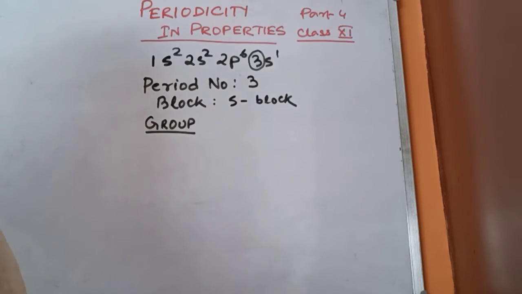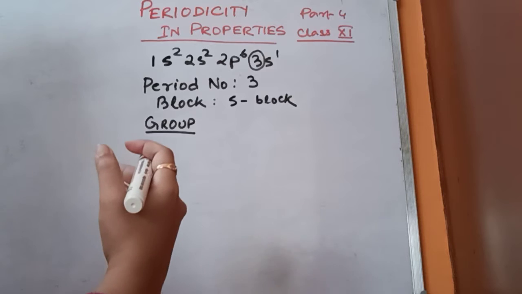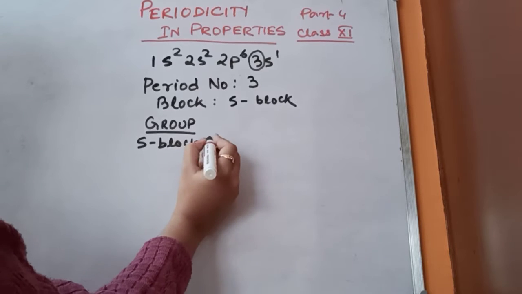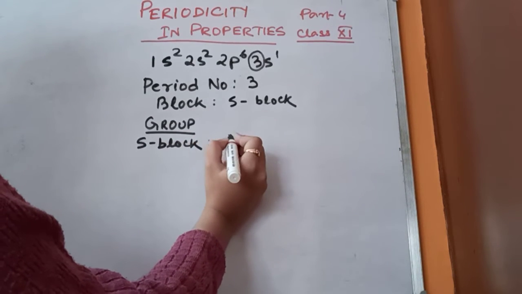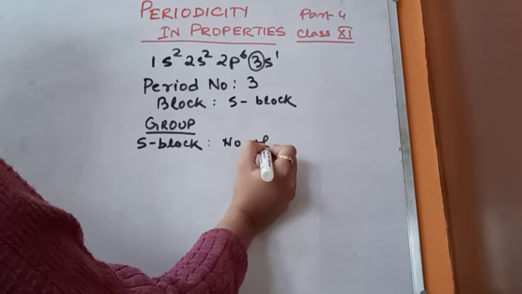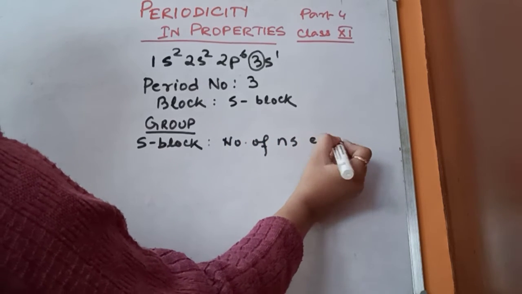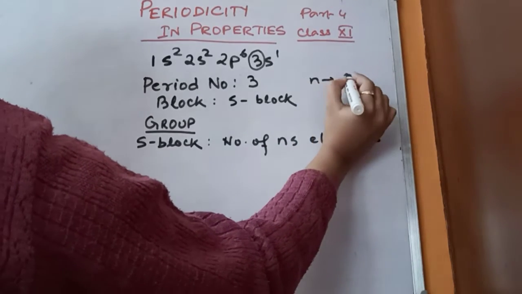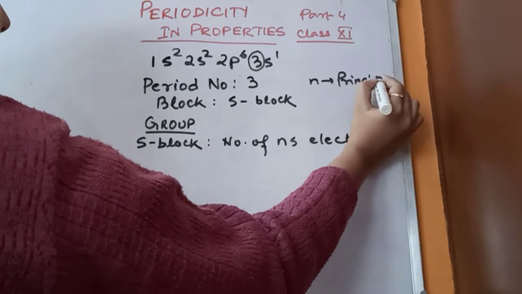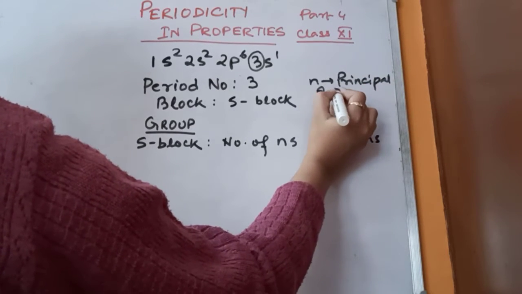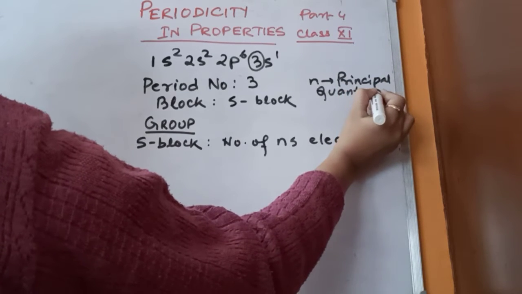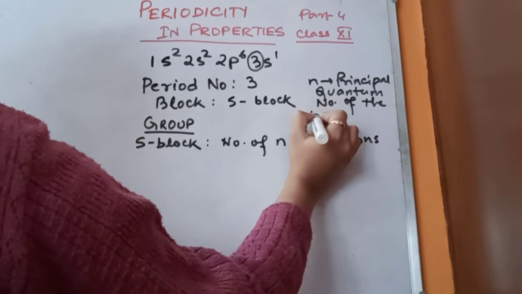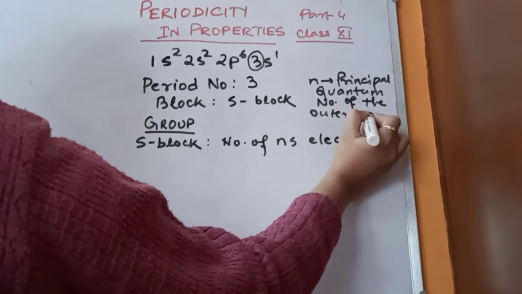To find out the group, there are different processes for the 4 blocks. For s block, the group number will be equal to the number of ns electrons, where n is the principal quantum number of the outermost shell.